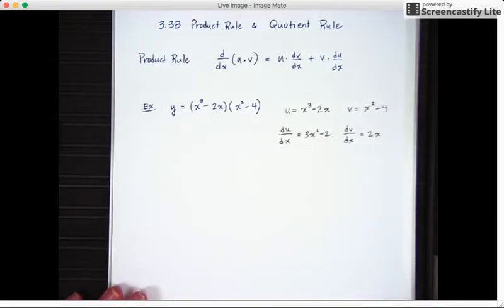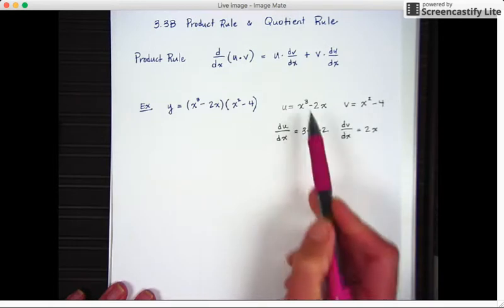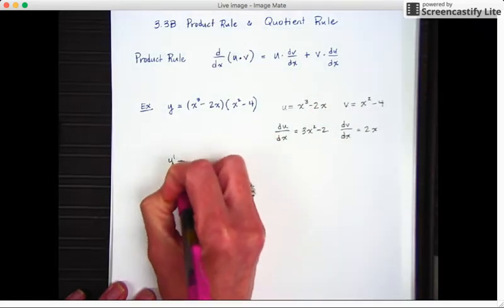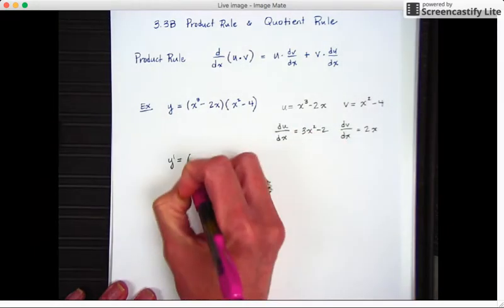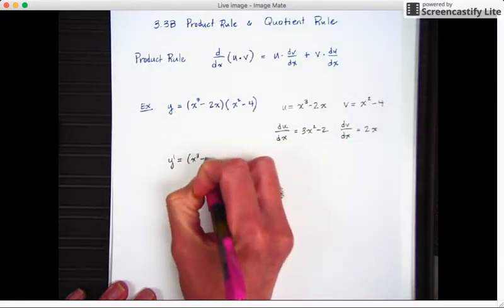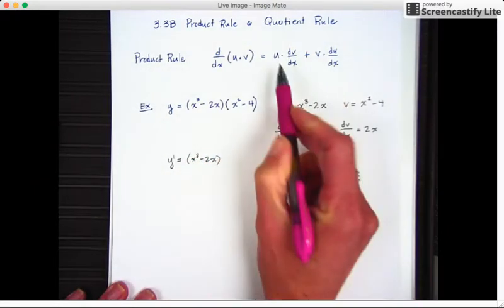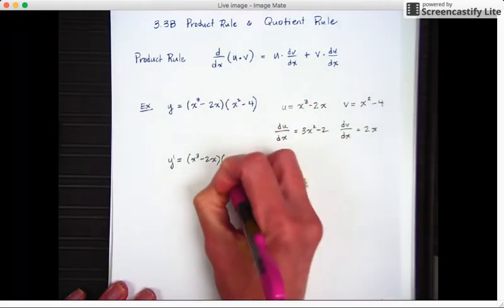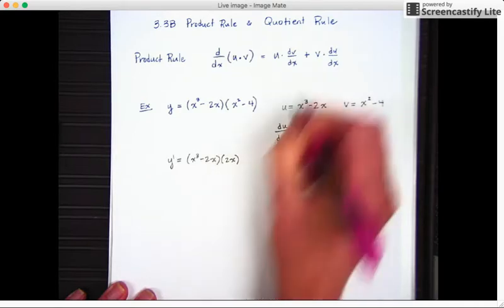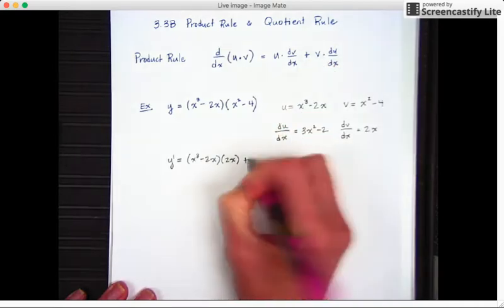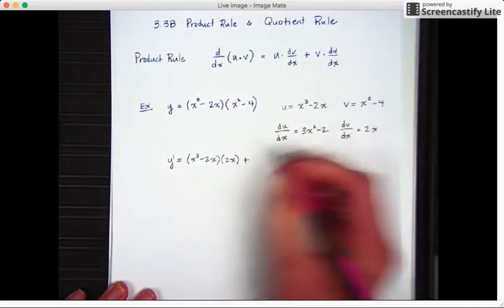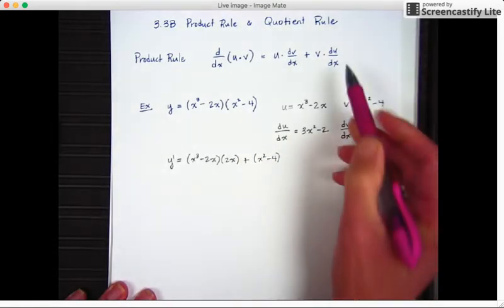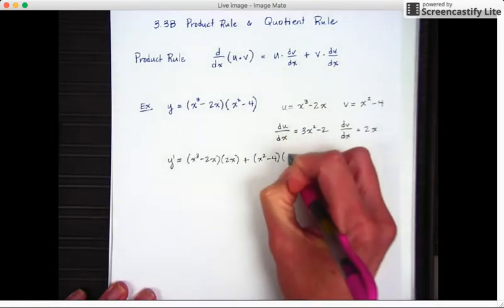So now it's just a matter of applying the rule here. So y prime is x cubed minus 2x, so u times the derivative of v, which is 2x, plus the v function, x squared minus 4, times the derivative of the u function.